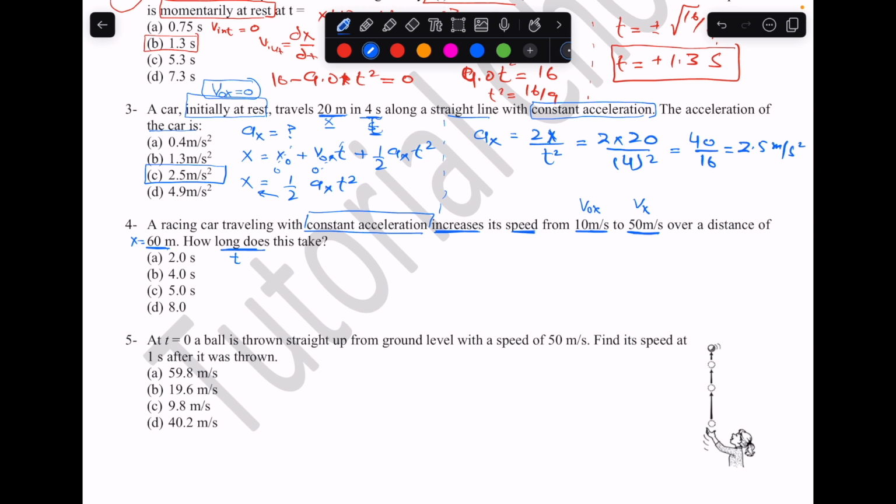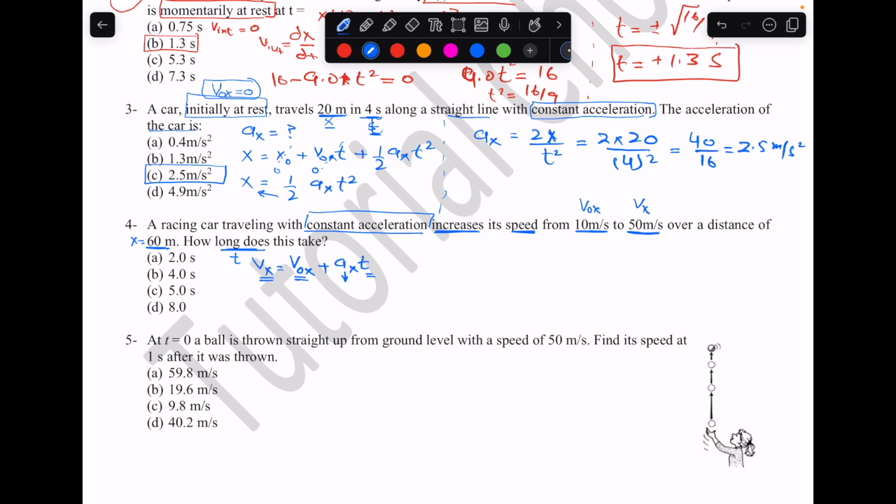So we wanted to find t. If we use the first equation of motion, which is vx equals v naught of x plus ax times t, in that case we have vx, we have v naught, we have t, but we don't have a.